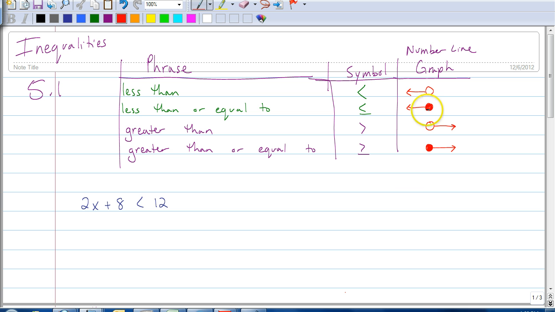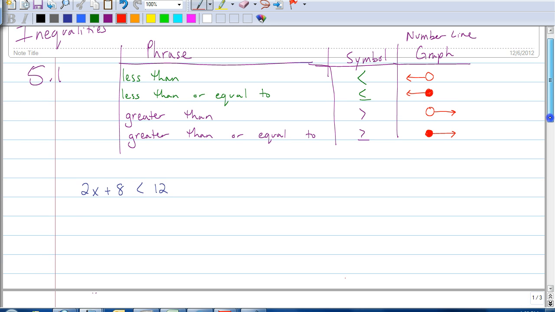That means it includes that point and everything less than that, so we go to the left. It's just the opposite for greater than. If it's just greater than, it's an open circle because it does not include that value, but includes all the values above it, so we go to the right. Greater than or equal to includes that value, so we use a closed circle, and it's all the values greater than that, so we go to the right.